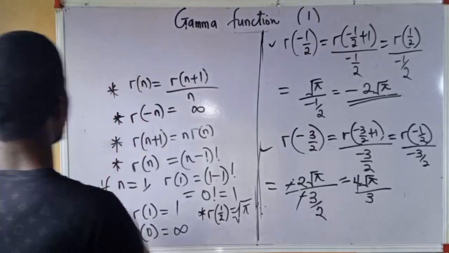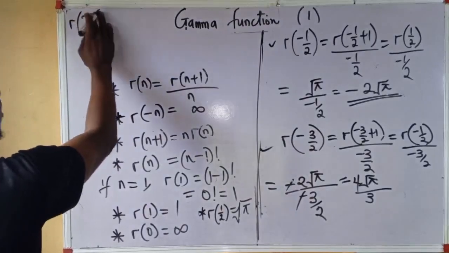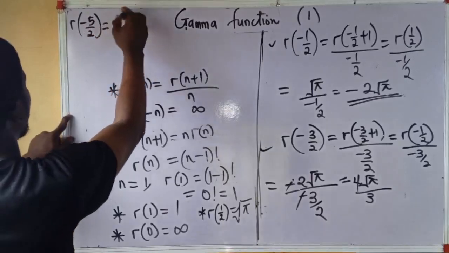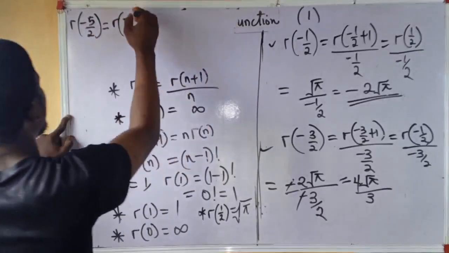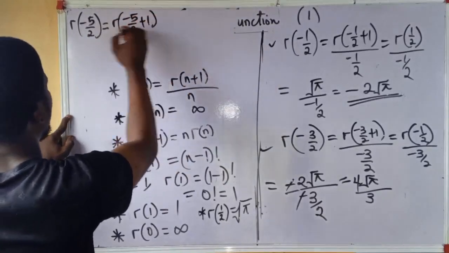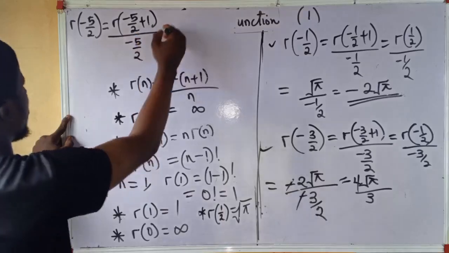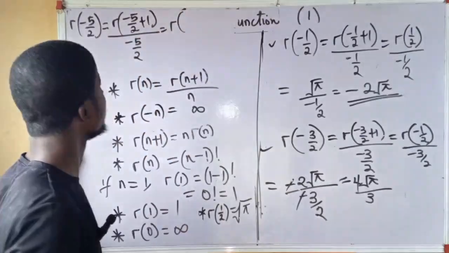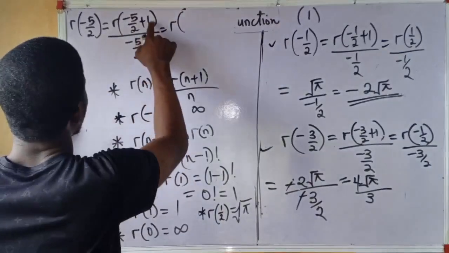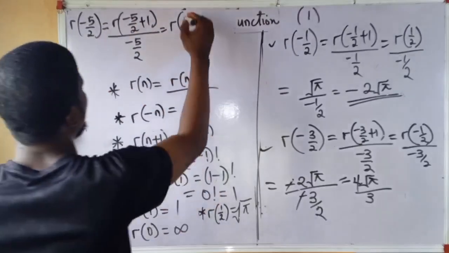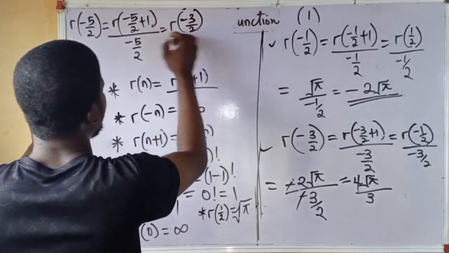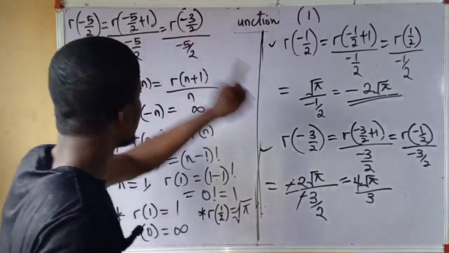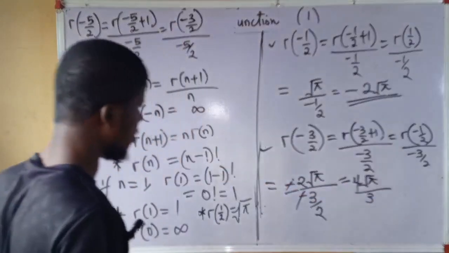That means if we are to determine gamma of minus 5 over 2, for example, it will be gamma of minus 5 over 2 plus 1 all over minus 5 over 2. And minus 5 over 2 plus 1 is minus 3 over 2. This is 2 minus 5 is minus 3. So gamma of minus 3 over 2 divided by minus 5 over 2. This is 4 root pi over 3.